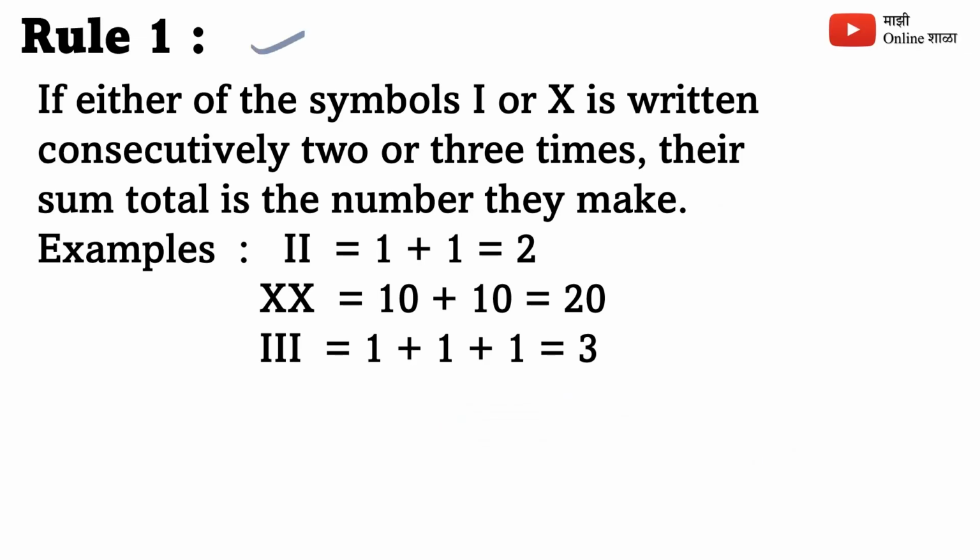If either of the symbol I or X is written consecutively 2 or 3 times, their sum total is the number they make. See the example, I is 1 and this I is 1. So 1 plus 1 is 2. X is 10. So 10 plus 10 is 20. I I I, that is 1 plus 1 plus 1 is 3.